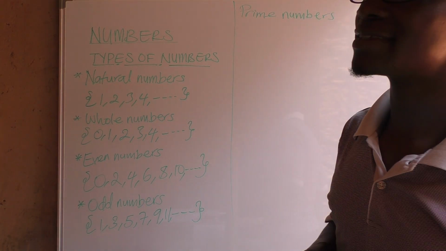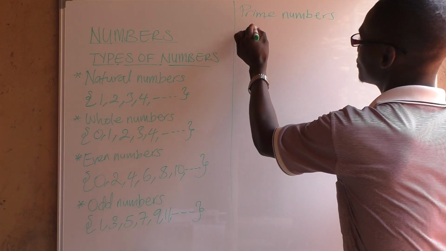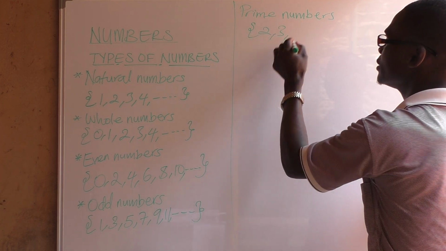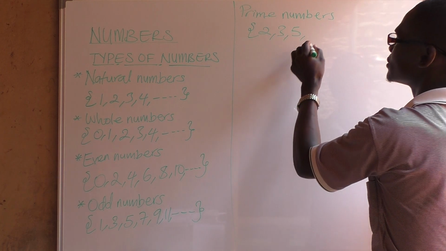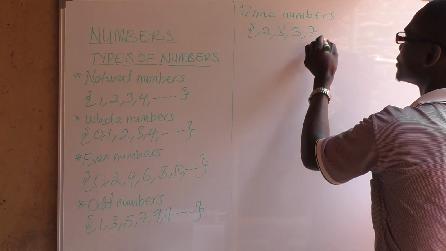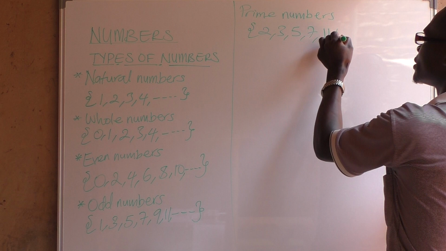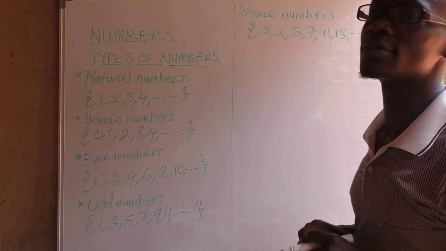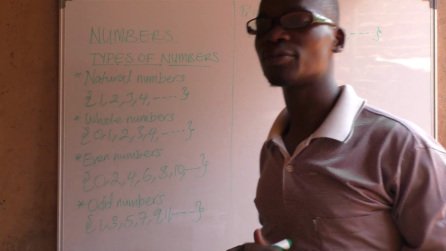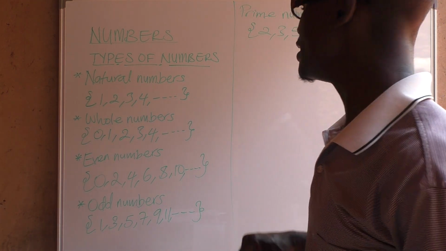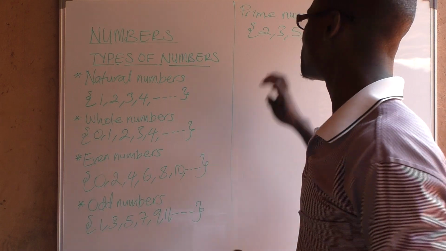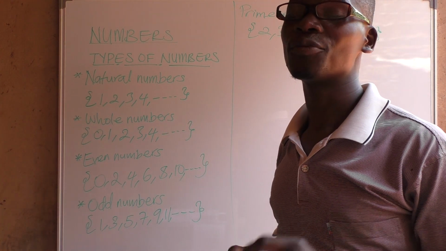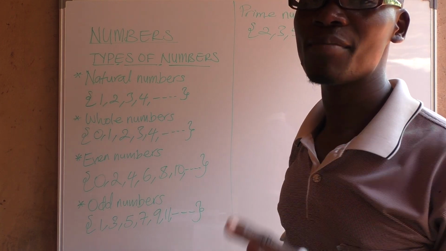And such numbers include 2, 3, 5, 7, 11, 13, and so on. Those are prime numbers.